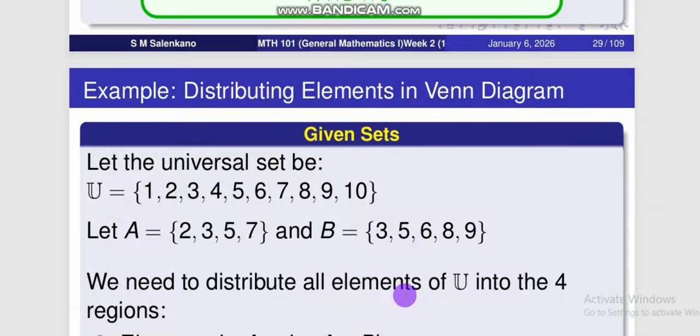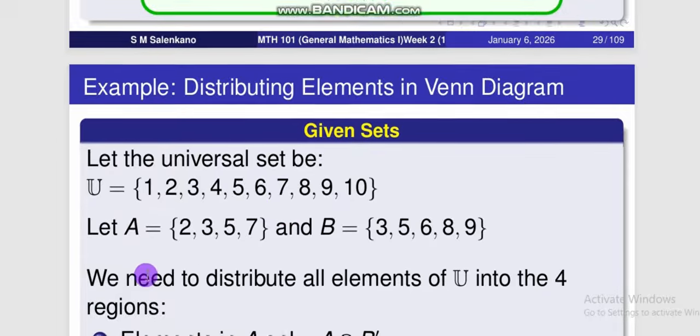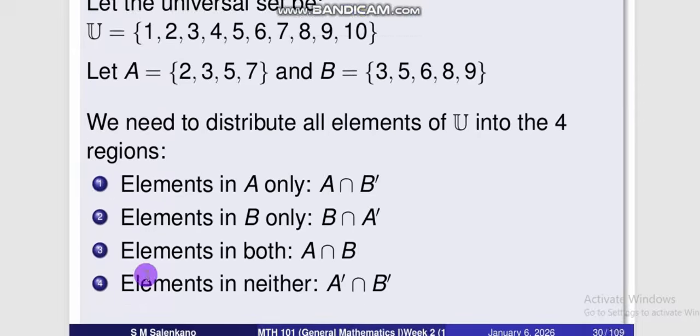Now we need to distribute all elements of the universal set into the 4 regions, because since we have only 2 sets, as we showed a few minutes ago, when you have the universal set and you have only 2 subsets, you are going to have 4 regions. So we are going to distribute the elements in the 4 regions.